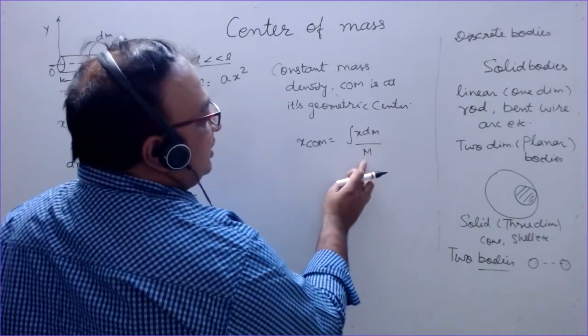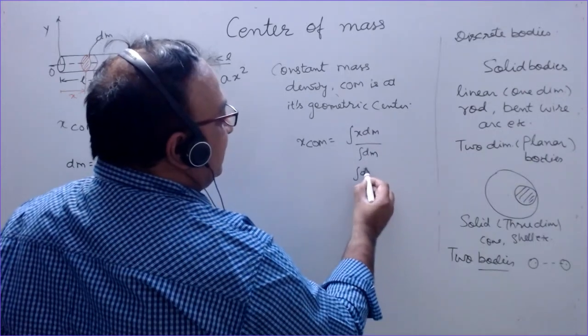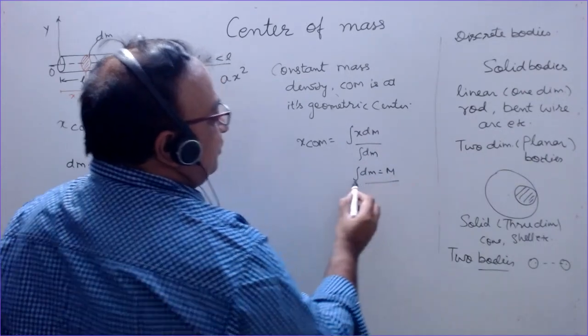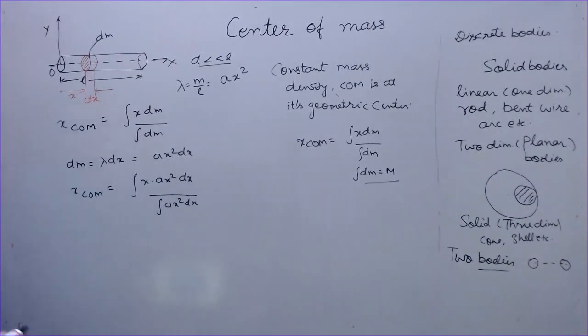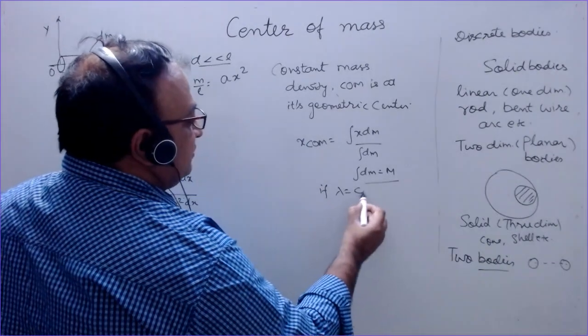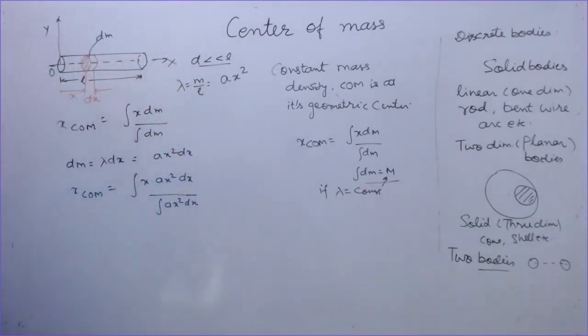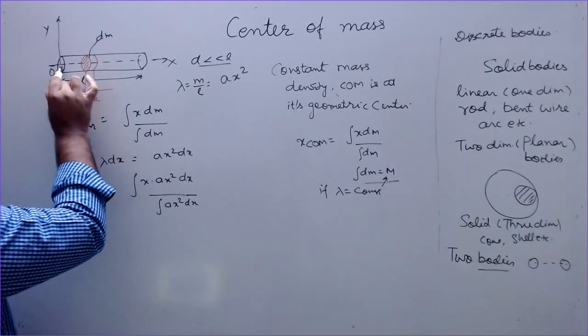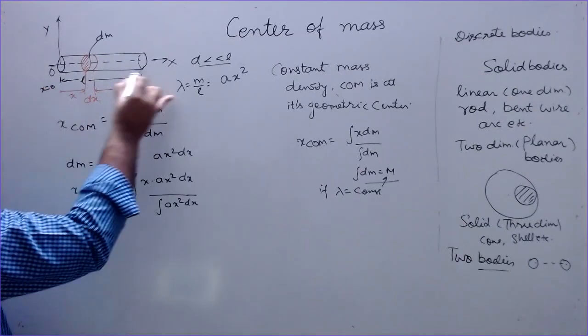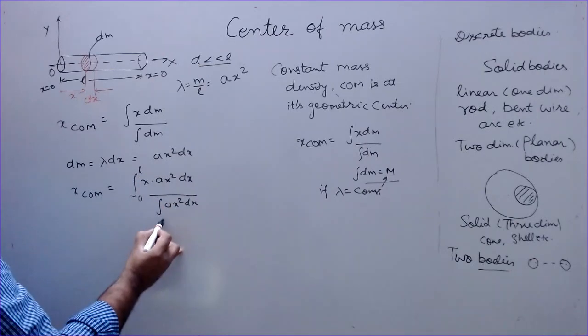If it is constant, I can write this integral of dm, and integral of dm is equal to m, the total mass. If lambda is constant, I can write it like this. So x is the variable. Here I can take x equal to 0 and here x equal to l. From 0 to l.